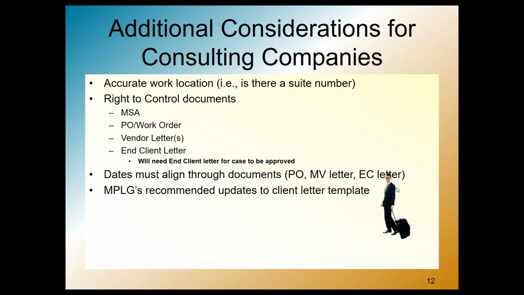One of the biggest trends that we're seeing is the dates that they're looking at. For example, the purchase order might only be for 6 months. We understand that that's an industry practice to only issue purchase orders for 6 months, and I'll get to that in just a second. The middle vendor letter might only have it for 2 years, and then the end client might be for 1 year. We are changing what our recommendation is for the duration language in letters.